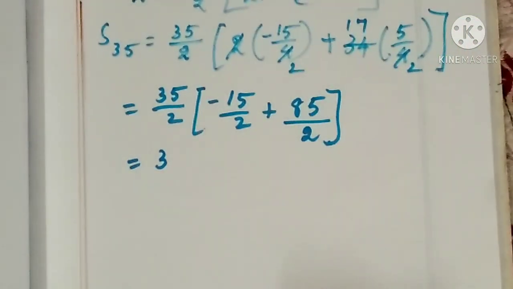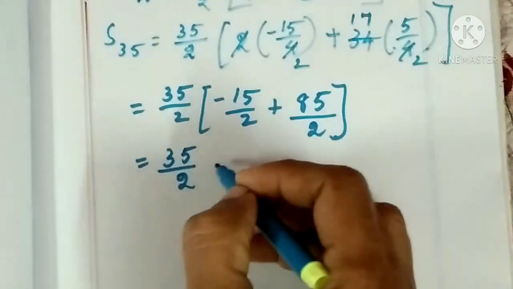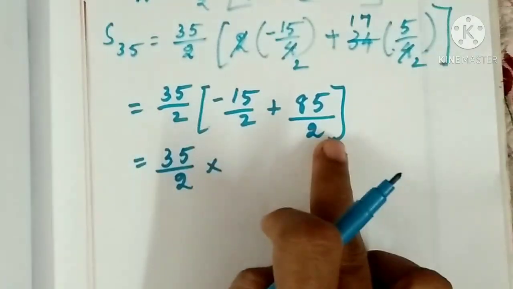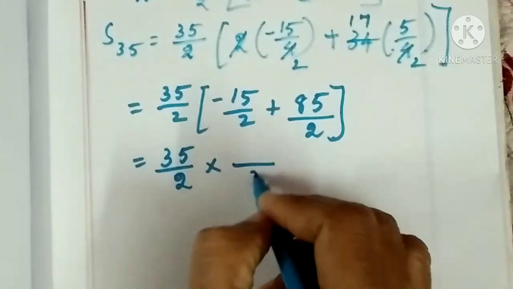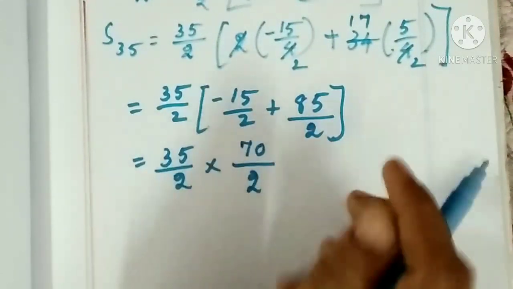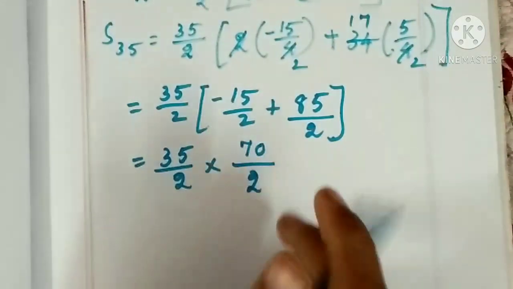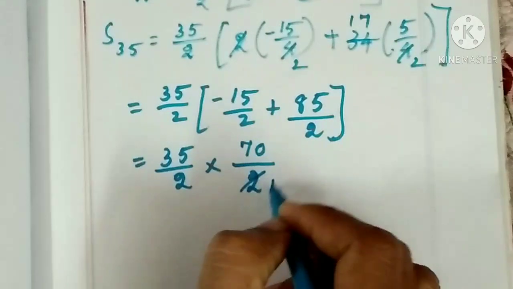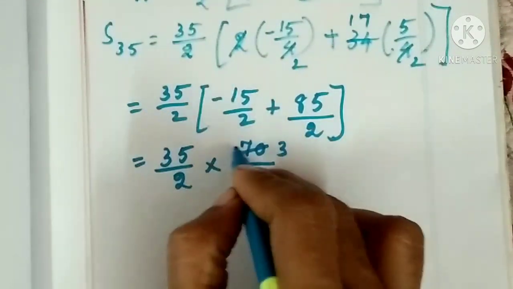Now, you have to simplify this, means we get 35 by 2 into, here 2 is common factor. So, minus 15 plus 85 we have 70. So, 70 by 2. Now, you have to cancel this by 2 table. 1 2 is 2. 3 2s are 6.